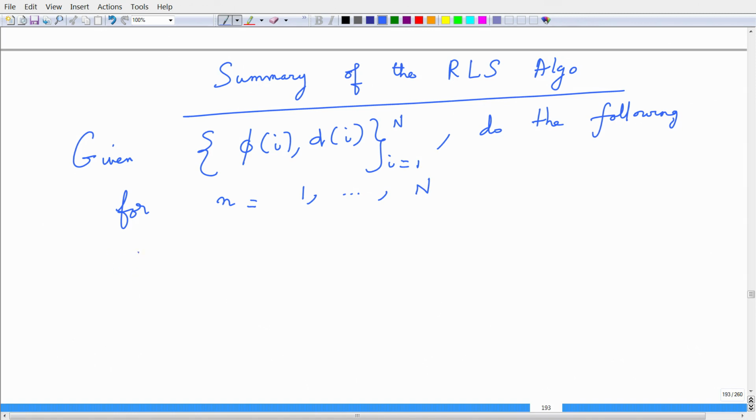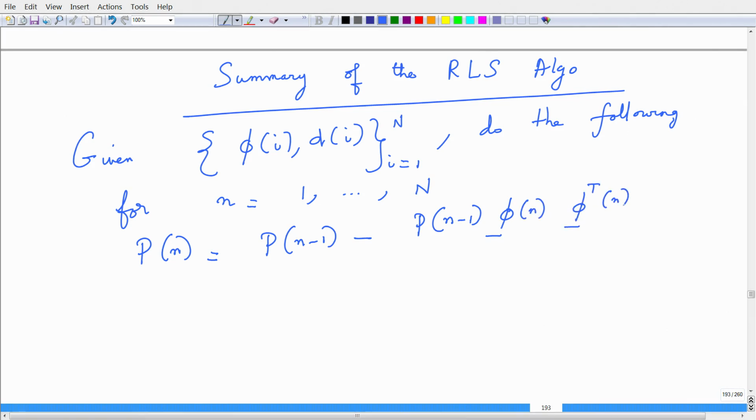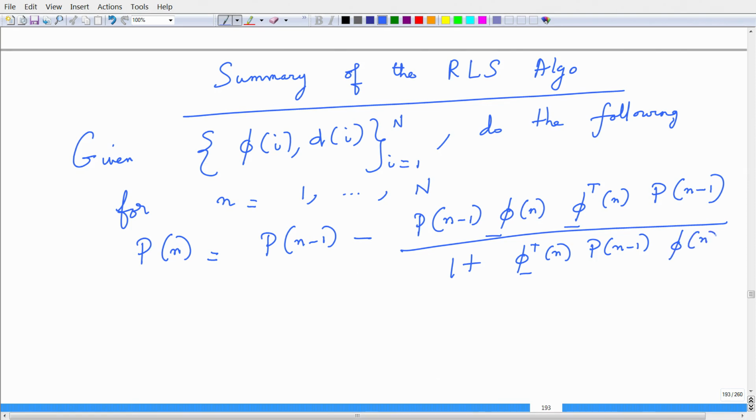So here is what you need to do: P of n is P of n minus 1 minus P of n minus 1 times phi n, phi transposed n times P of n minus 1, upon 1 plus phi transpose n times P of n minus 1 times phi of n.